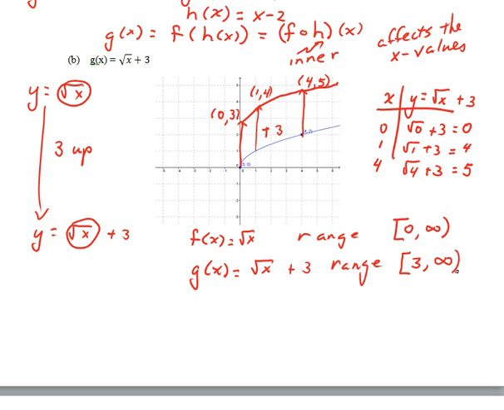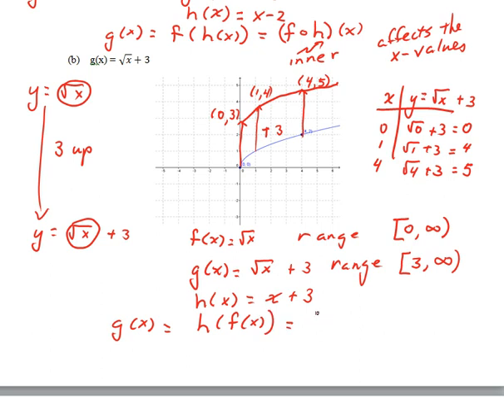In order to look at this as a composition of functions, this time I'll let h of x equal x plus 3, and this time g of x is equal to h of f of x.